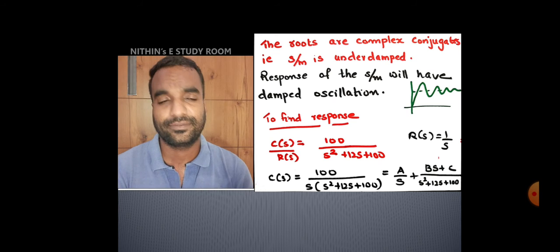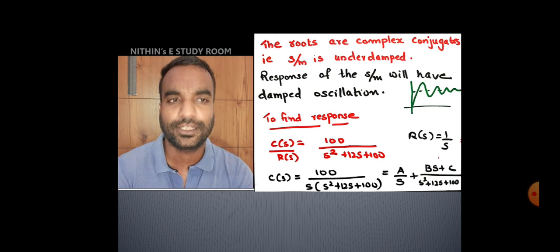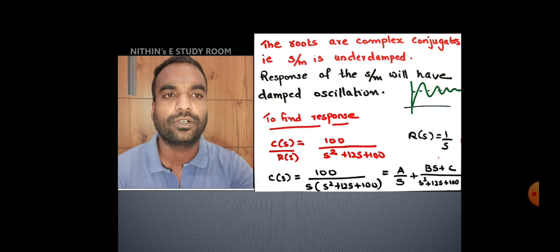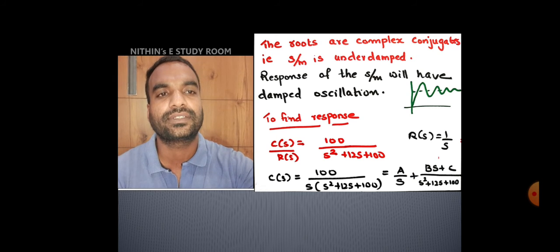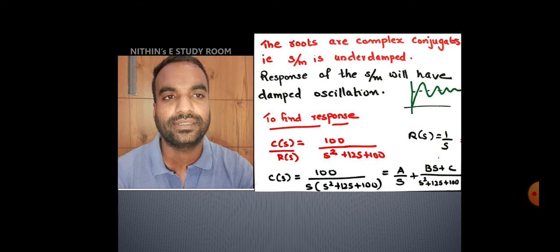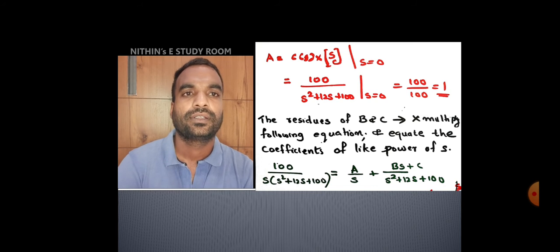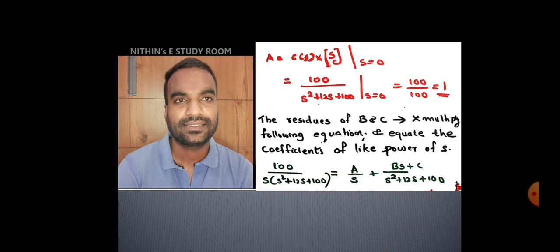For finding a, the same method that we did in the last problem: we have to multiply C of s by s and put s is equal to 0. The s will get cancelled.